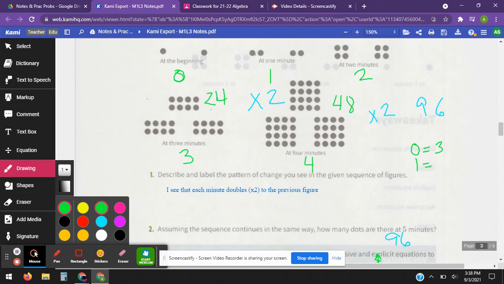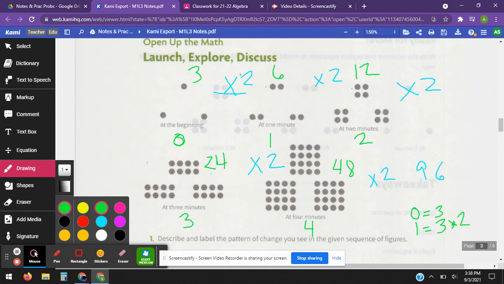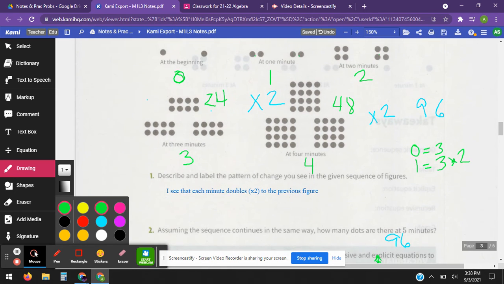So 1 is my 3, and I timesed 2 to it, right? Yes. 2 is my 3 times 2 times 2. And my 3, right over here, was my 3 times 2 times 2 times 2.